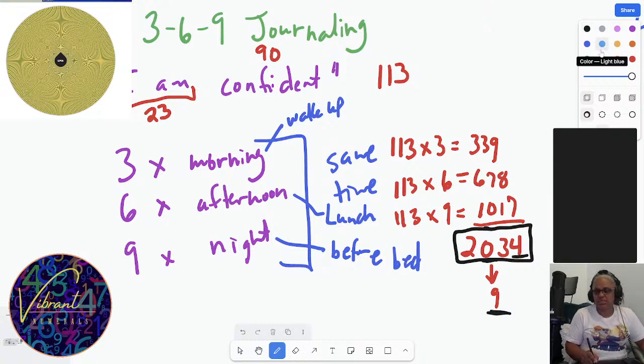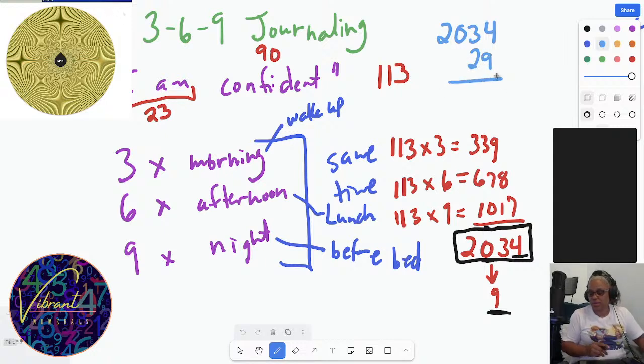So I think this came from Tarot Gothis. But everybody has their life path numbers now. But if we did this 2034 plus the 29, because I remember that one.